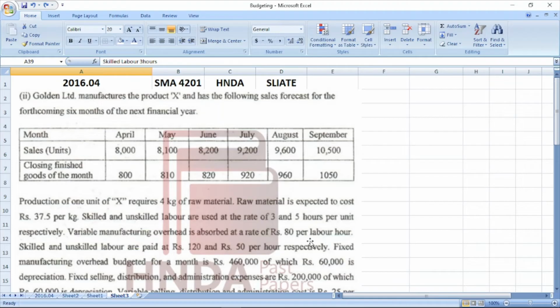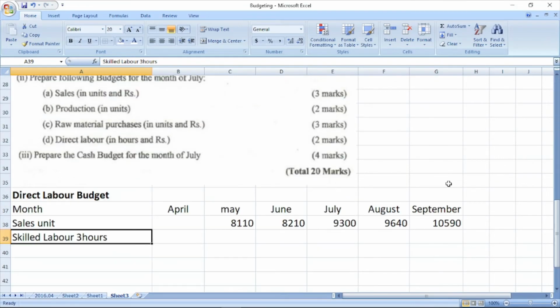The skilled 3 hours and unskilled labor hour we need 5 hours. Let's copy that. And skilled and unskilled labor hours are paid at 120 and 50 rupees. Skilled 1 hour is 120 rupees, and unskilled labor hour cost is 50 rupees.